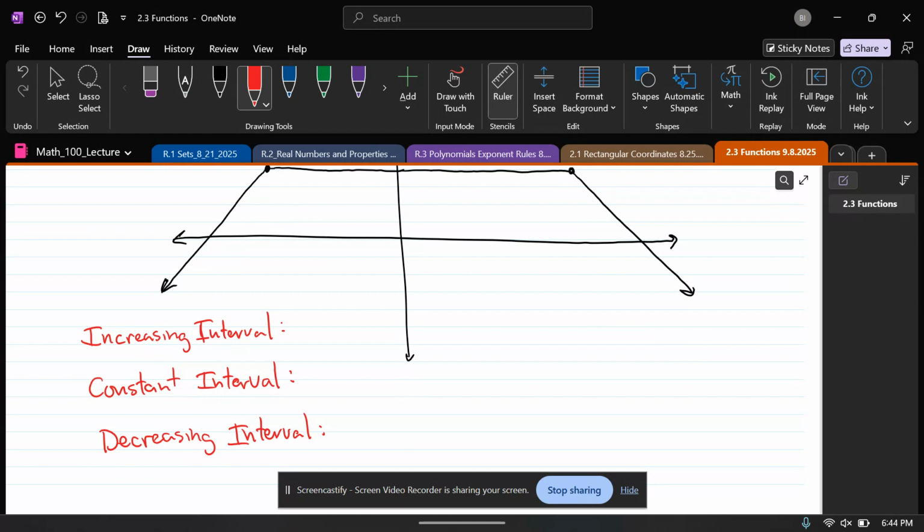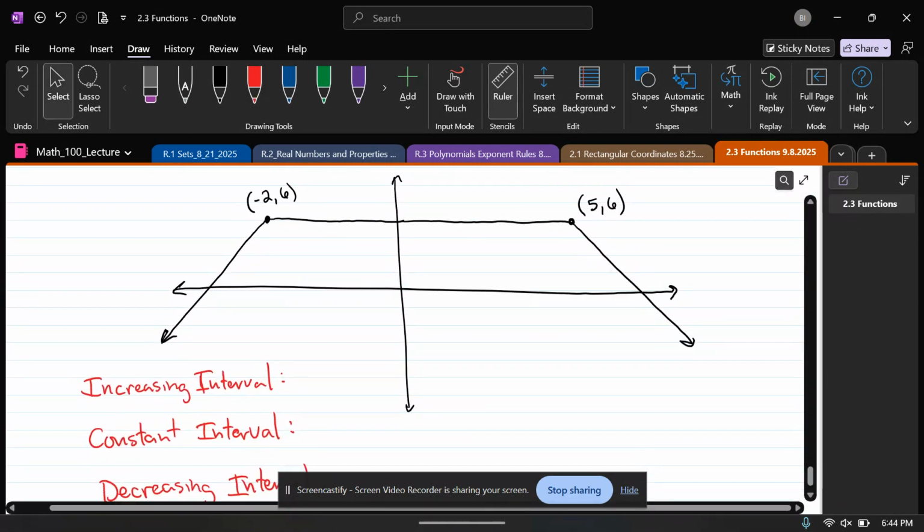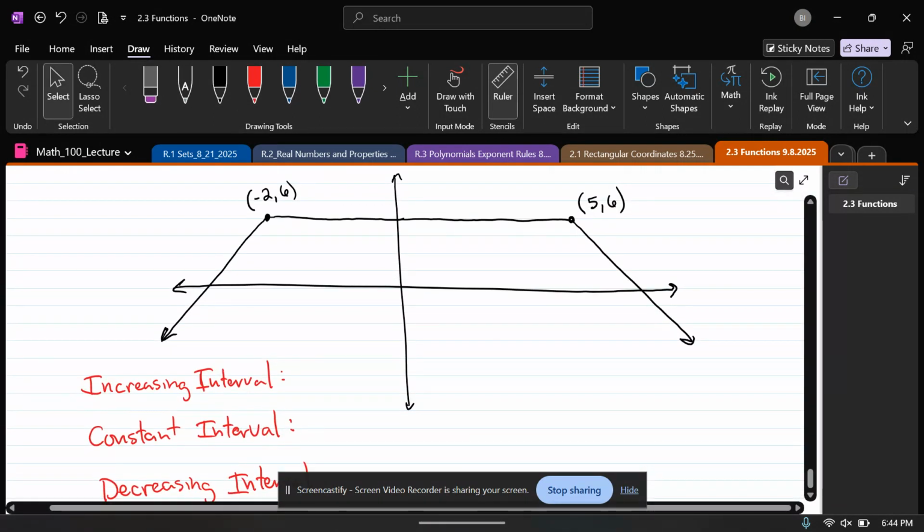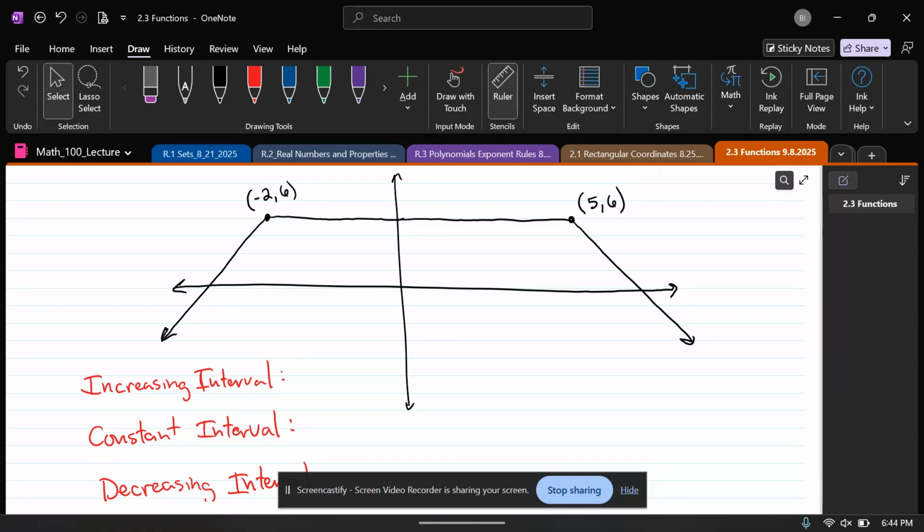Okay. Now, if something is increasing, what direction is it going? Up. Okay? So that brings us to, okay, how do I read this graph? How do I read that graph?